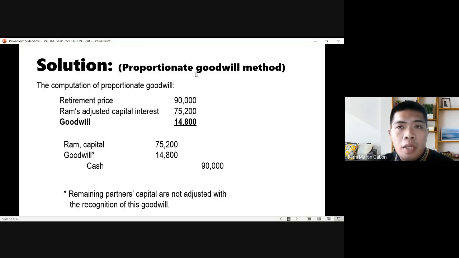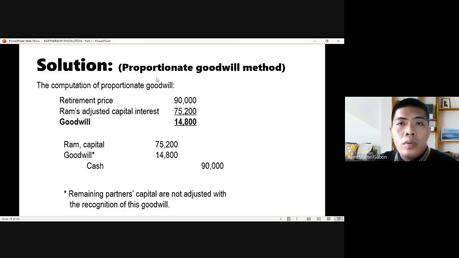Since it is a proportionate goodwill method, we're going to recognize this goodwill in the partnership books, but the old partners will not share in this goodwill. So the old partners' capital accounts will remain unchanged despite the recognition of the goodwill.